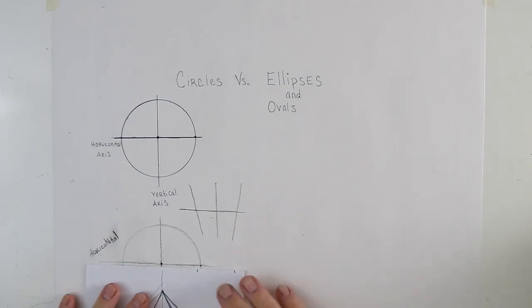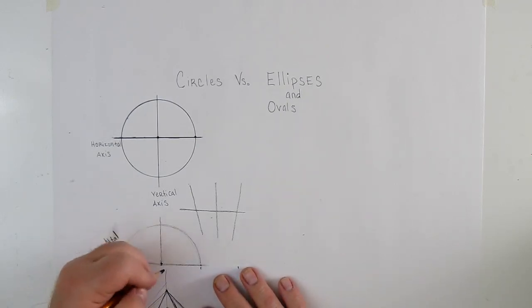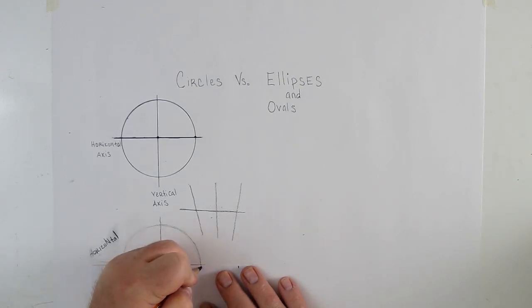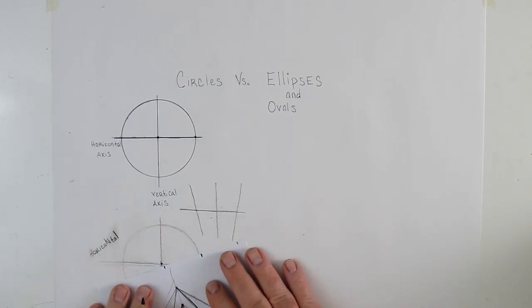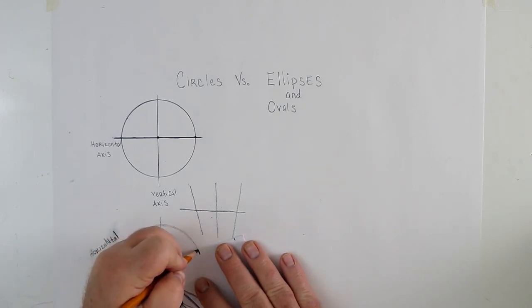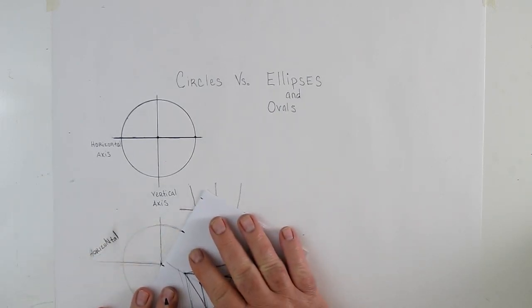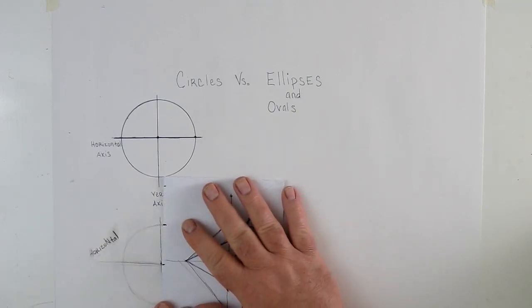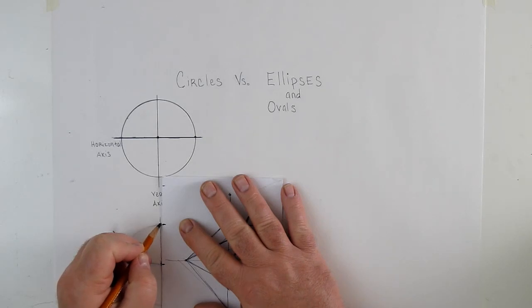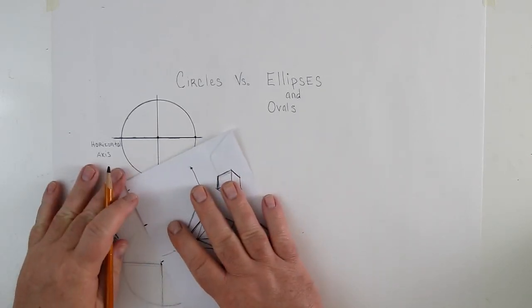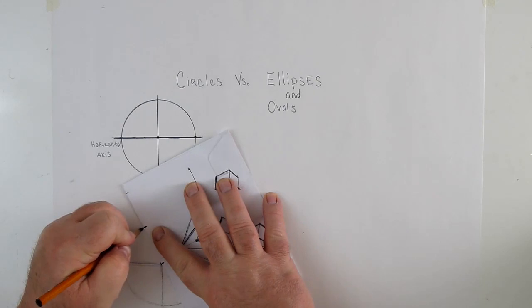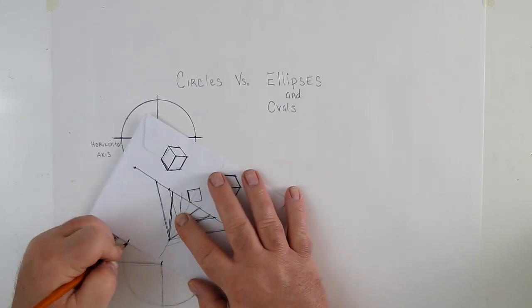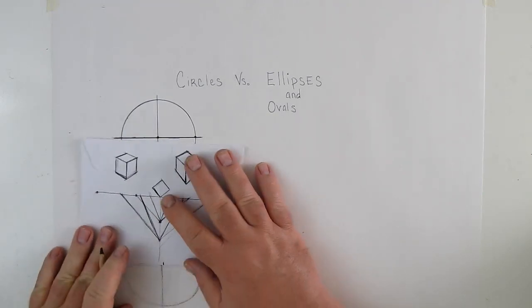If I was doing a drafting assignment and it had to look a lot better than this, I could mark that point off, take this, and go around my circle and give myself little points along this curve where I know it's equidistant, and I could use that to draw a better circle.